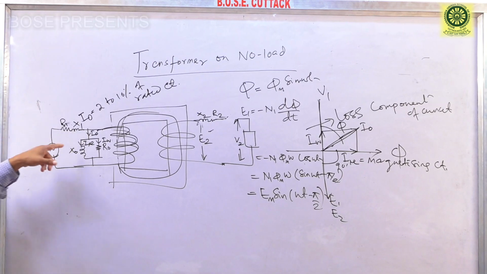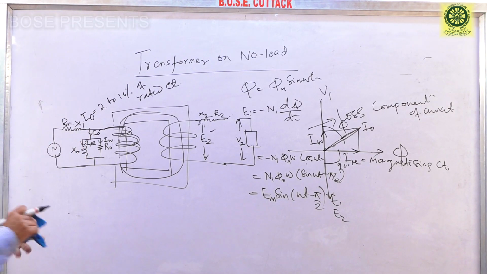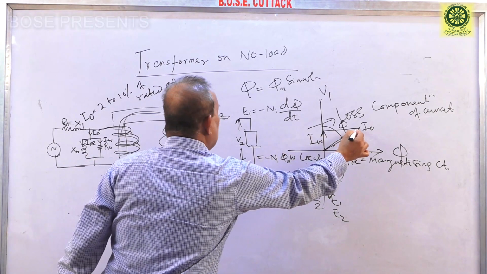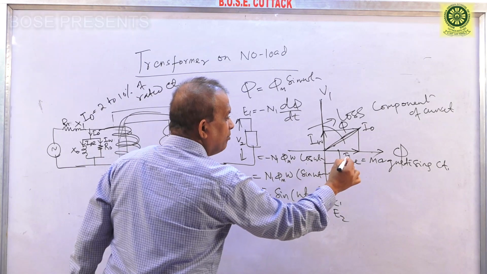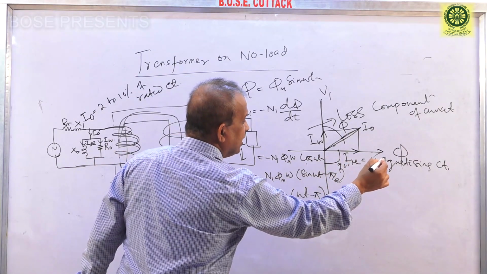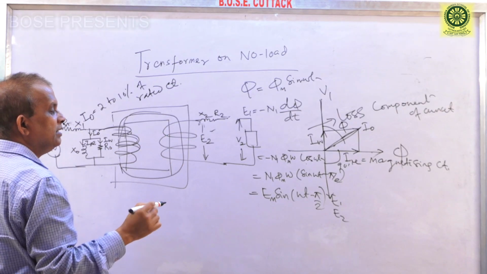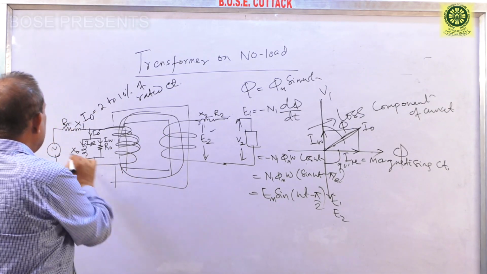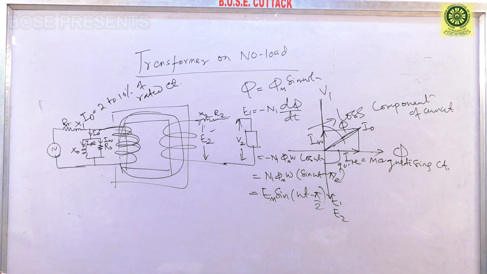For that reason only the no load equivalent circuit has been shown. This I0 is the total no load current, I mu is the magnetizing current component, and IW is the loss component of the current. E1 and E2 have been shown, and the applied voltage is shown along the positive y-axis.